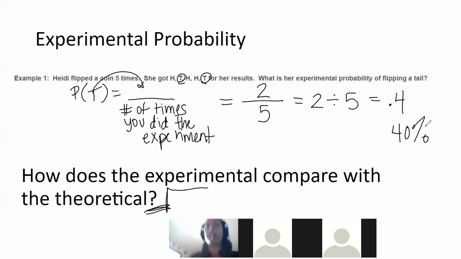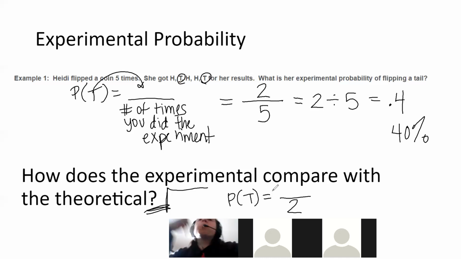Okay, when you think about flipping a coin, theoretically, how many options do you have when you flip a coin? 2, you have heads or tails. And we want to find the probability of tails.